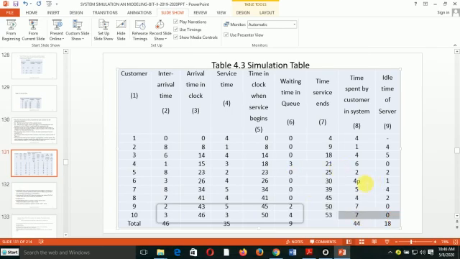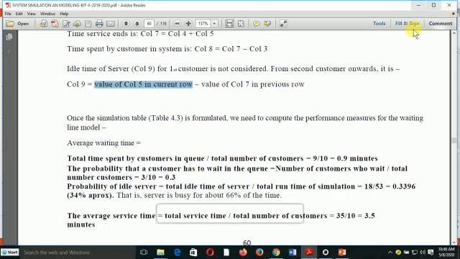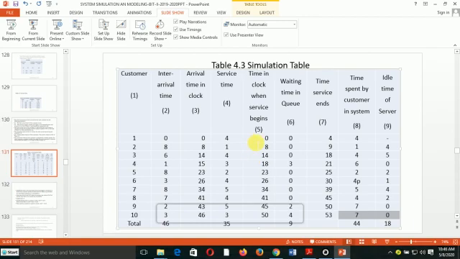After writing all values, I have to make the accumulation, the sum of the column. I get the total idle time of the server, because this has been asked, and the total time spent by customer in the system for all customers.